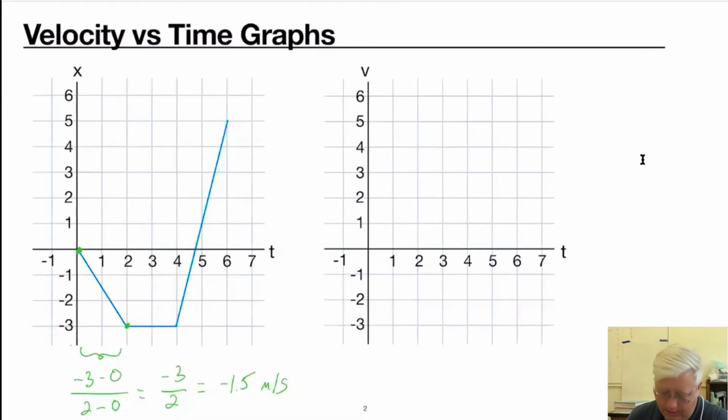I'm going to show you a little demonstration here with the iOLAB device, and you're going to do something similar in your lab. We're going to actually make this graph with the iOLAB device.